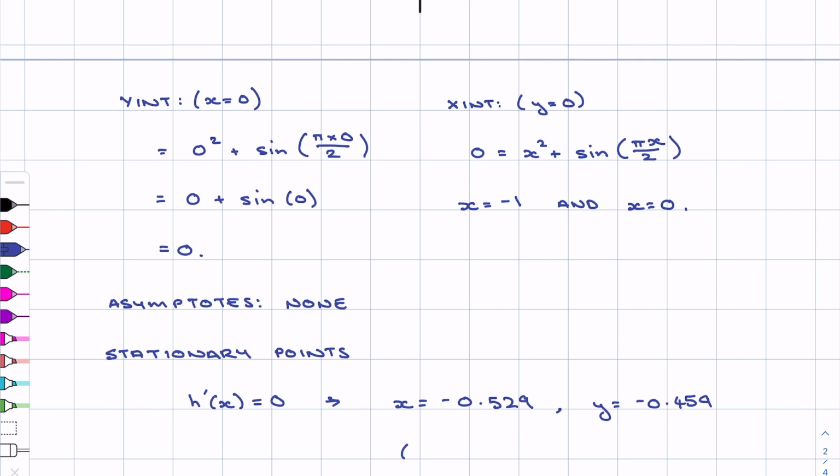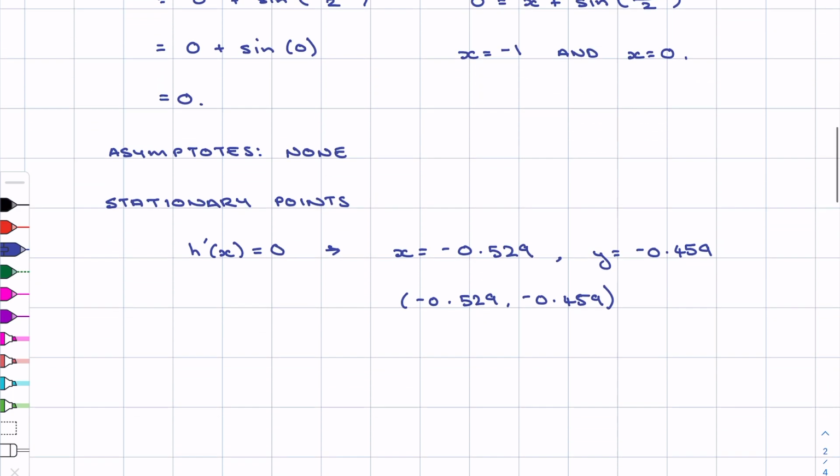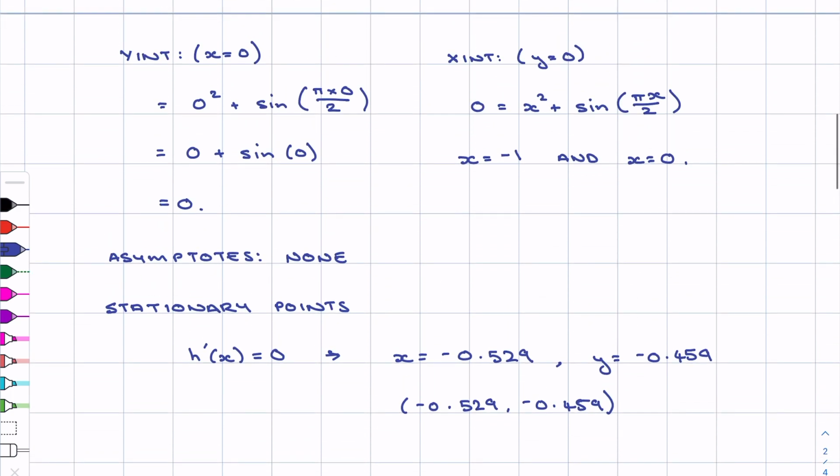I said 2 points, but I really meant just one, just 2 coordinates, or one set of coordinates, and that's what we're looking at. So that's our stationary point there.